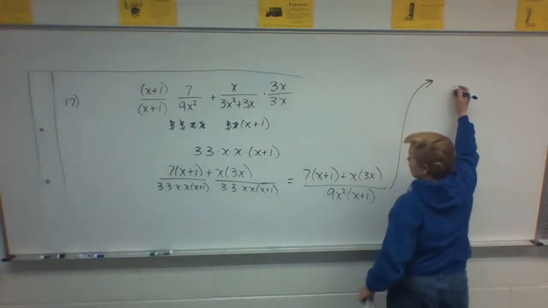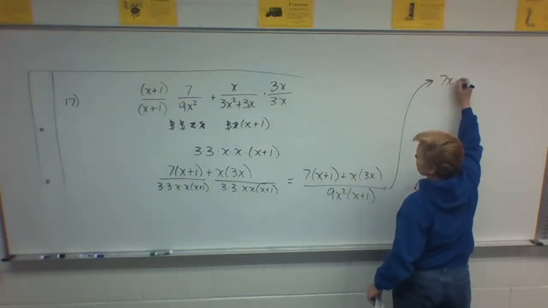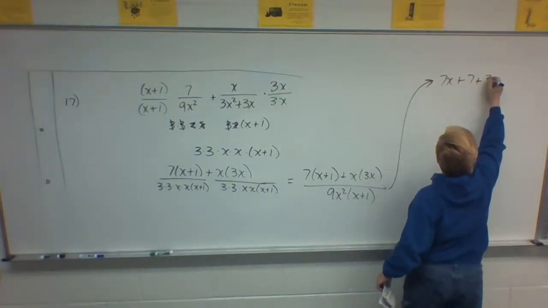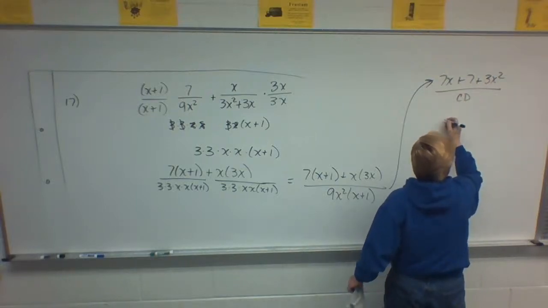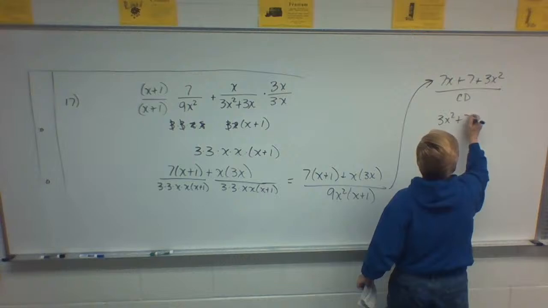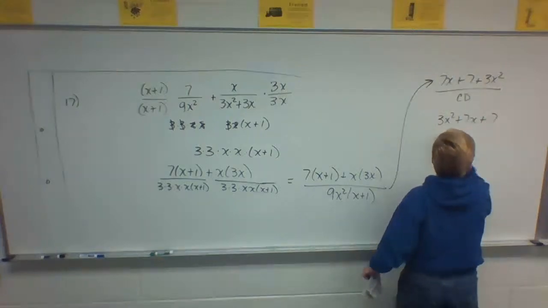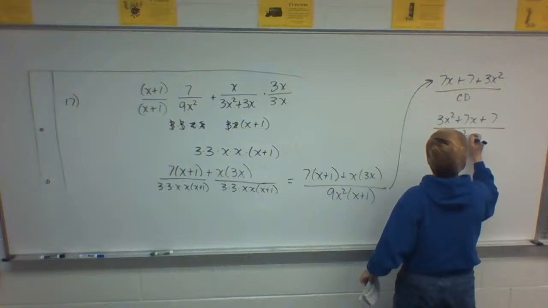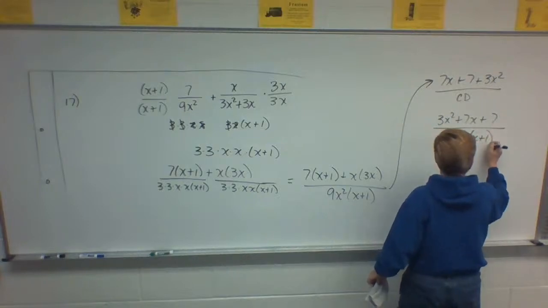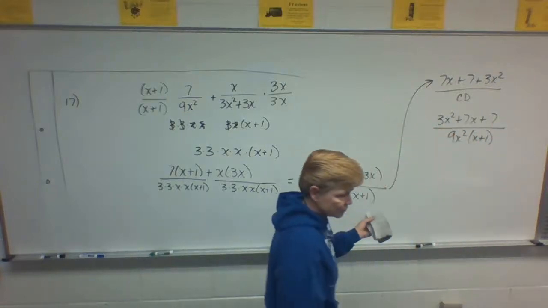So to clean that up, I would distribute the 7x plus 7 plus 3x squared all over that common denominator. And then just put it in order, 3x squared, or combine like terms if necessary, or whatever. It's that over 9x squared times x plus 1. Not a very satisfying answer, but the correct one.